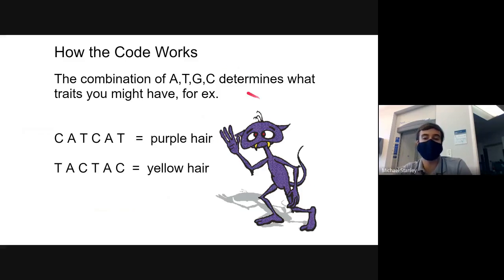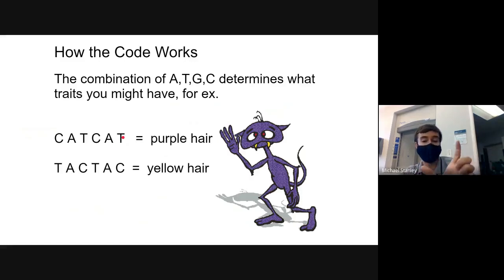So imagine that we have this weird alien cat creature thing. It also has DNA in its cells. And let's pretend that on the segment of DNA that determines what its hair color is going to be, this alien has the sequence CATCAT on one of its DNA strands.